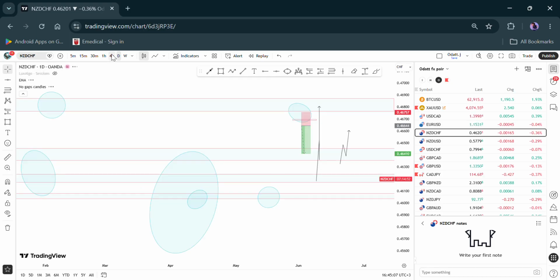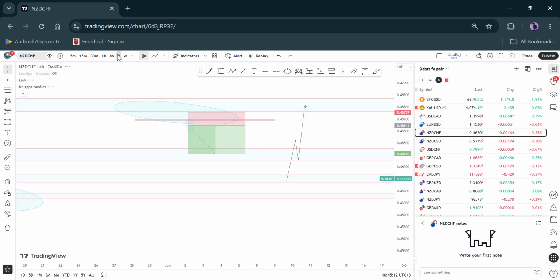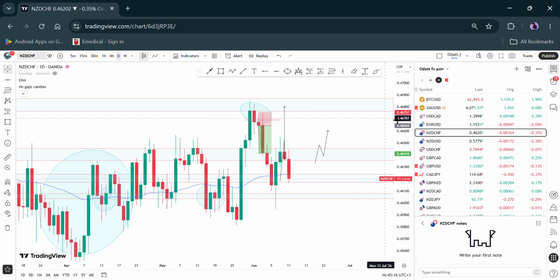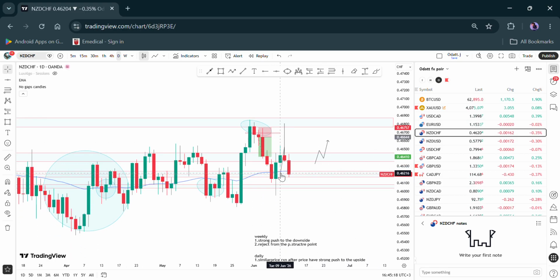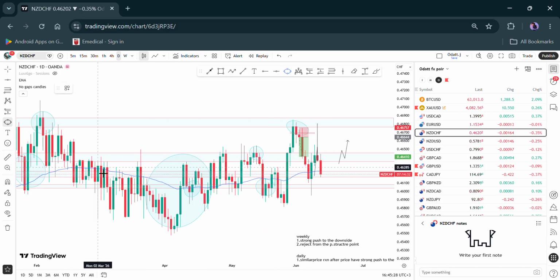If we look at 4H time frame, if you look at daily time frame, I see something like here, but I wasn't here to capitalize on this counter trend trade. I see a counter trend trade, like we have one doji rejection. Whenever we reach here, price gives us a bearish doji rejection, then price went to the downside.